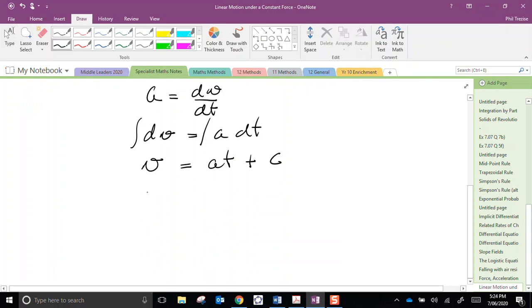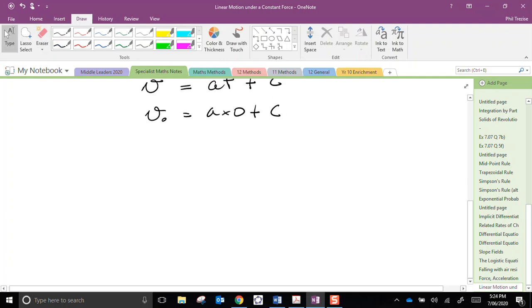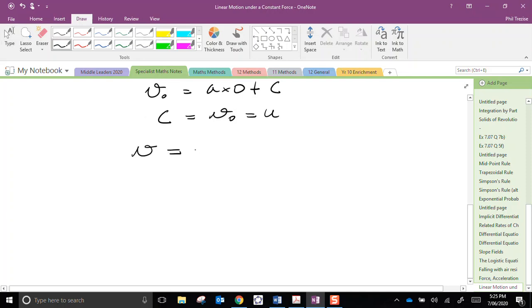So I have a times 0 plus the constant of integration, and therefore, clearly the constant of integration equals V0, sometimes referred to as u. This gives me my formula then, that v equals u plus a multiplied by t. And that's the first equation of motion.